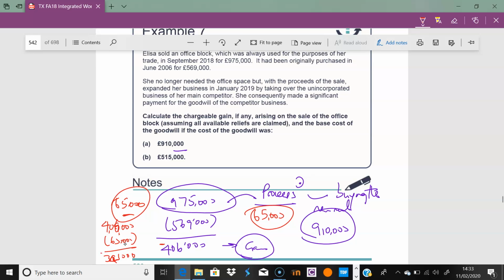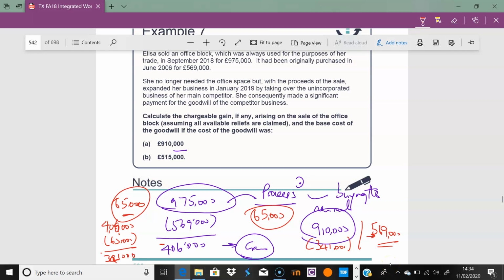So 341 I can roll over into the new asset. That's my new asset, 910 minus 341,000, which takes me to 569,000. So my base cost is now 569,000.